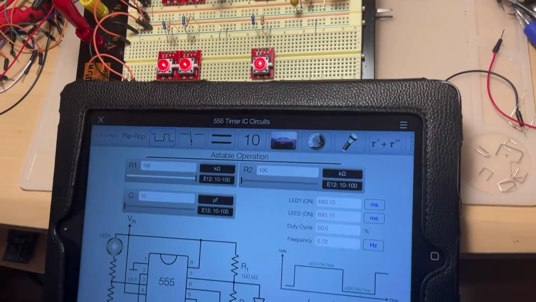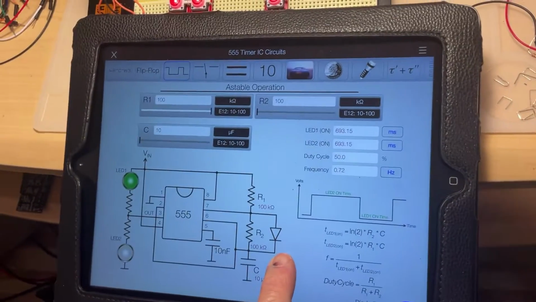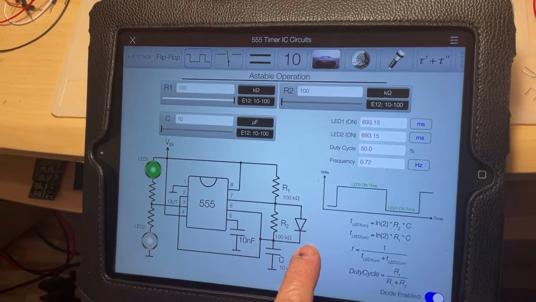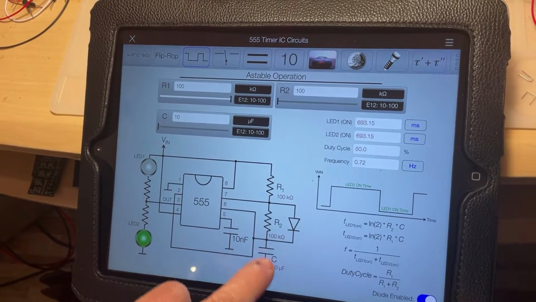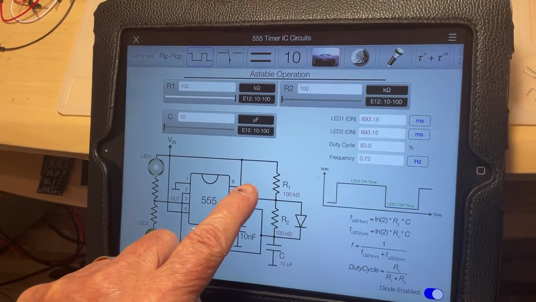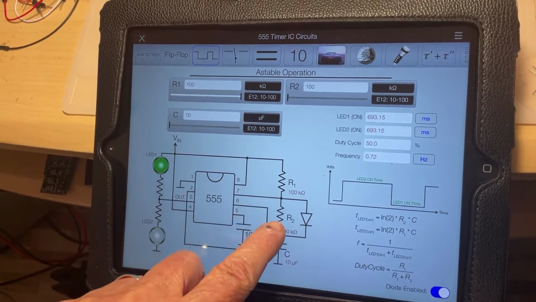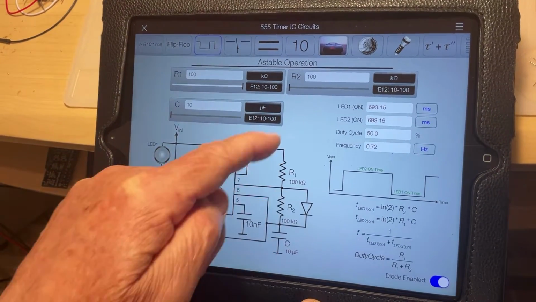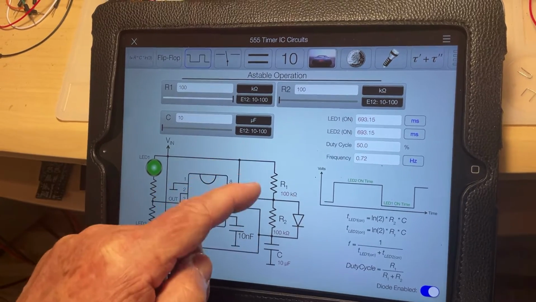This is because of the presence of this particular diode right here. And by the way, the 3 components entering in the calculation are the resistor R1, R2, and the capacitor C. So when I told you the formula, which was 0.7 times (R1 plus 2 times R2) times the capacitor, these are the three components entering in the calculation.